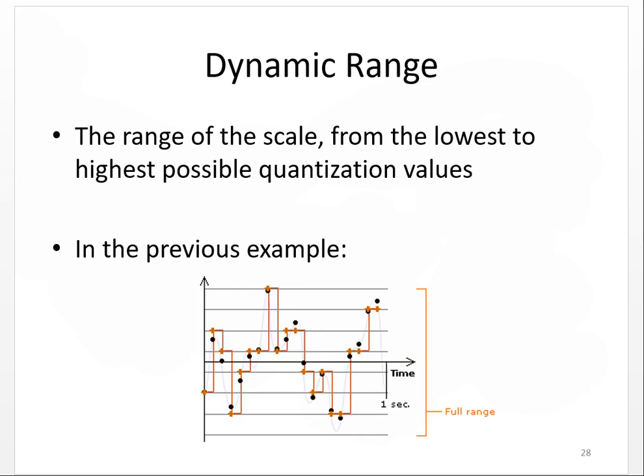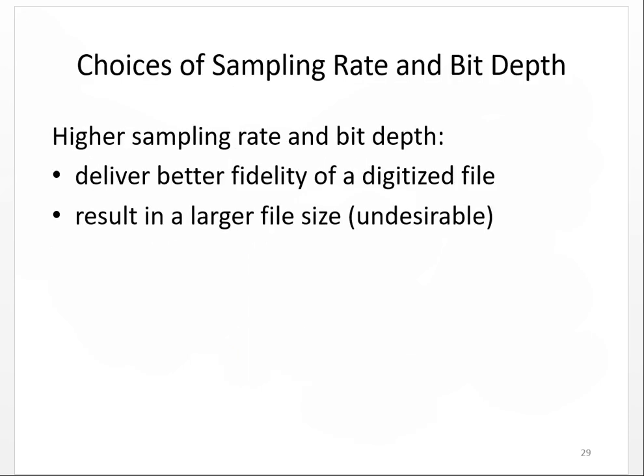So what is basically the effect of bit depth? The choice of sampling rate and bit depth: a higher sampling rate and bit depth deliver better fidelity of a digitized file.